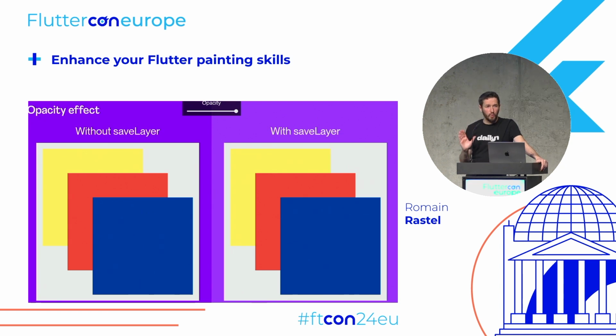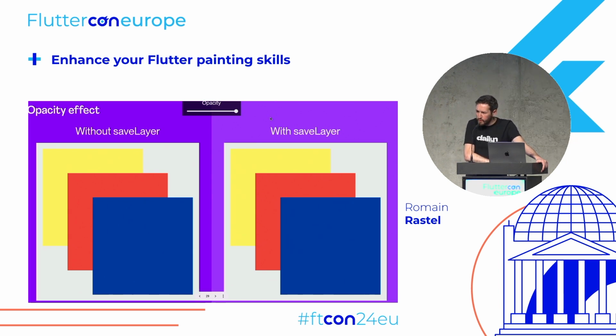So here, we have a simplified example with overlapping colors. We have the same squares at the left and at the right, but at the left, we set the opacity on the color, on the paint of each shape, and on the right, we only use saveLayer, and we set a solid color to each shape.